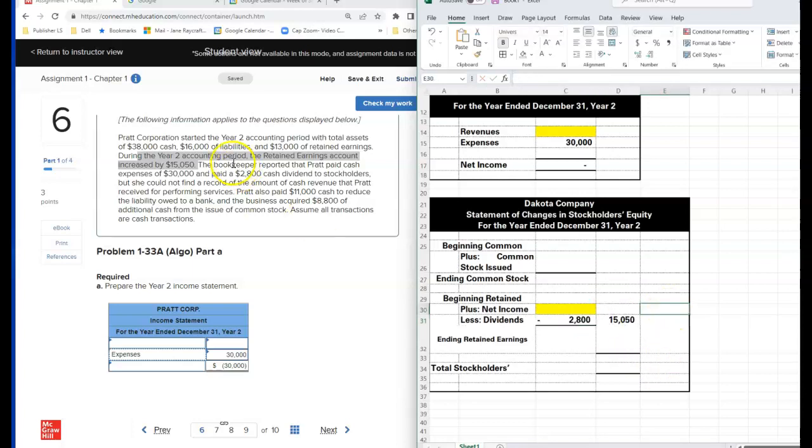Notice you will have different numbers in here. It's an algorithmic question, so you'll have to deal with your own numbers, but the general core of the question stays the same.